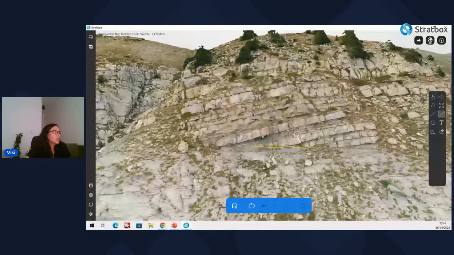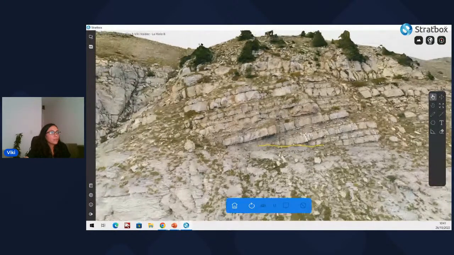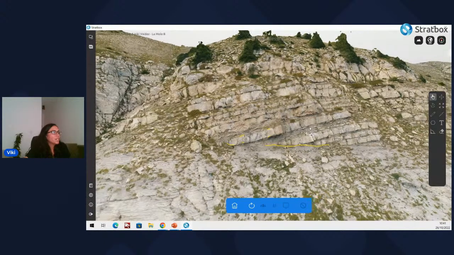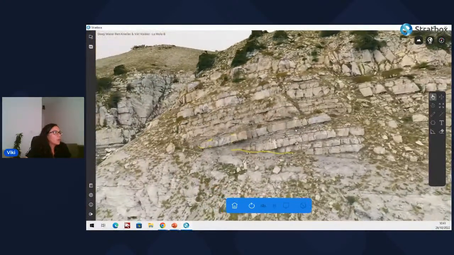Then we have some beds where we can see the base, sorry, just let me grab the pen again. The base and the top remain sometimes virtually parallel until they hit the basin margin. So this is a very nice model to see this kind of simple onlaps.